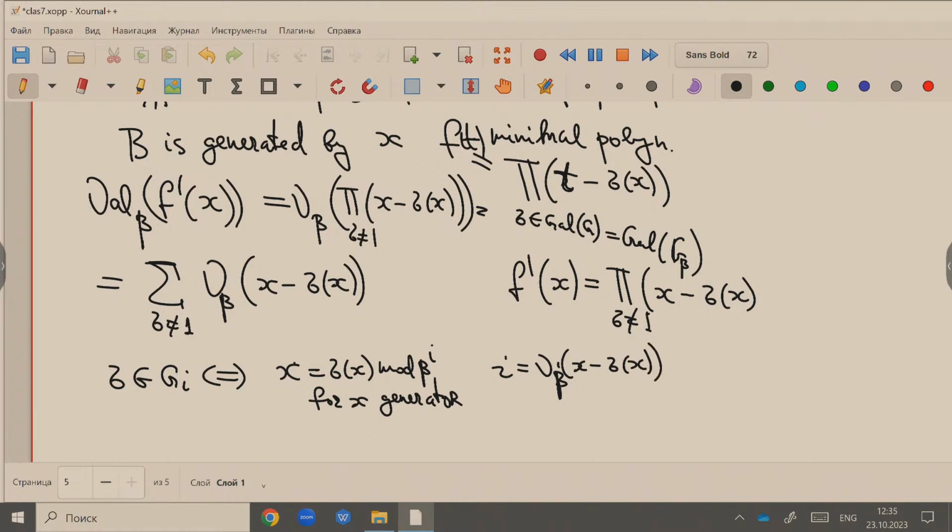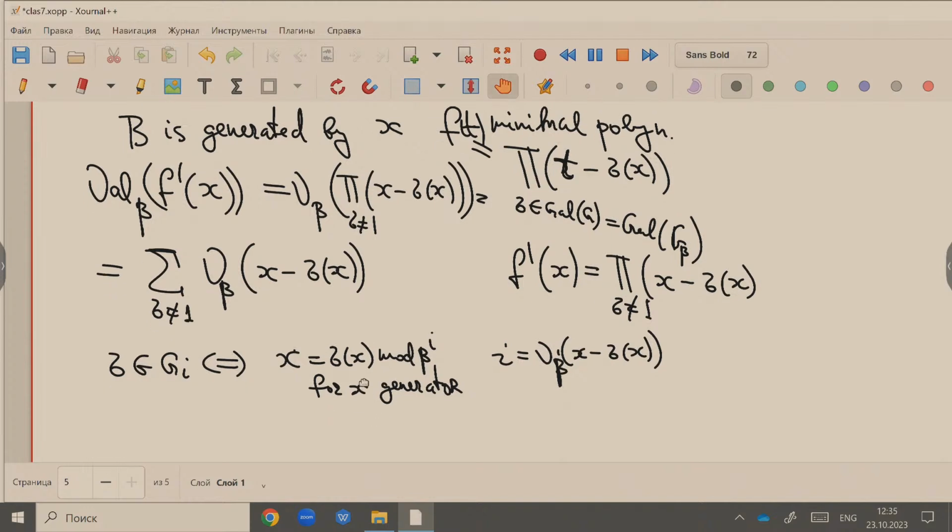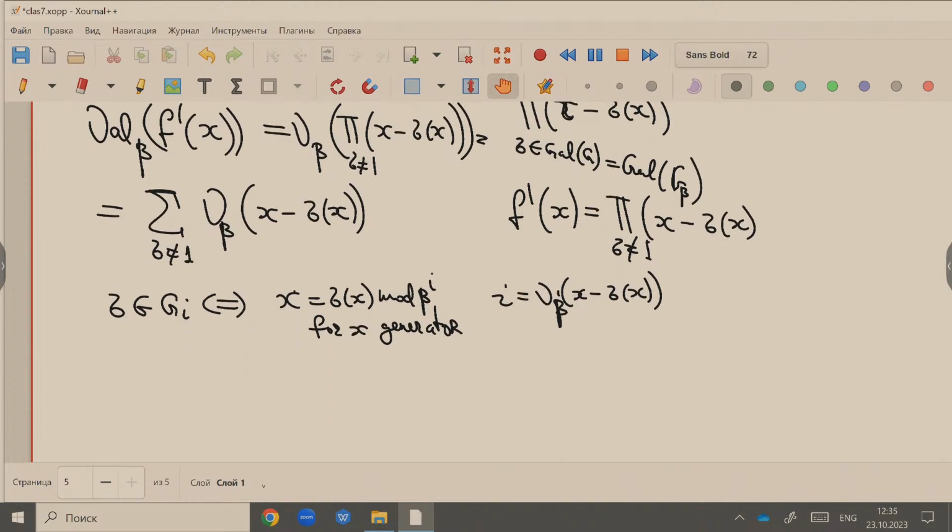And what you are summing is the number of elements with valuation precisely I. So you are summing I times the number of elements in gi minus the number of elements in gi plus 1.